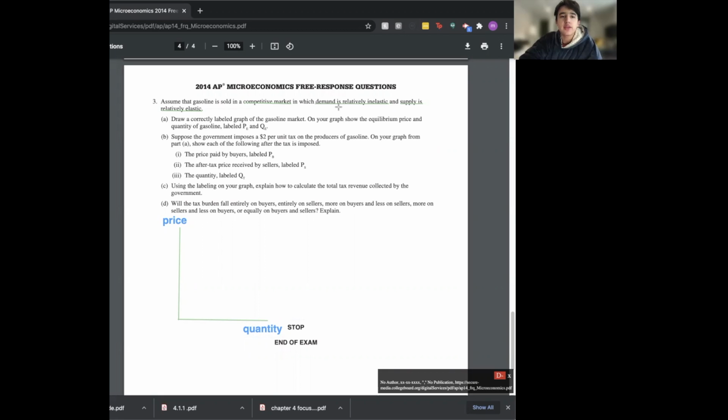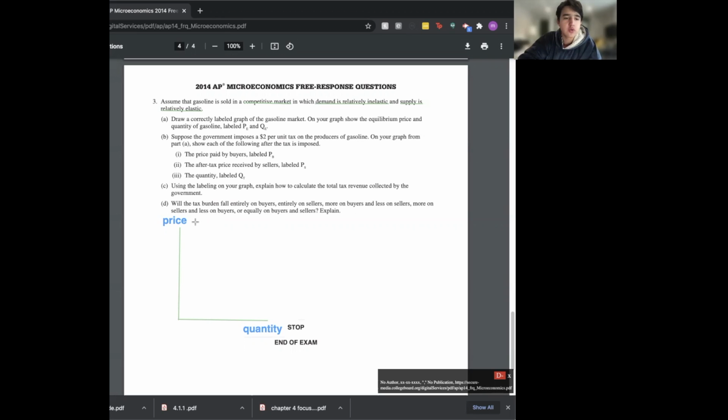What we can take that as is, if something is inelastic, that means that people will buy it no matter how much the price changes. Because it is not perfectly inelastic, it is not perfectly vertical. It is more at a slant, because no matter the price, people will still buy it.